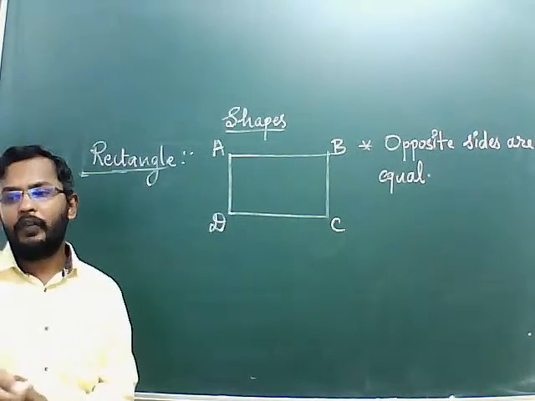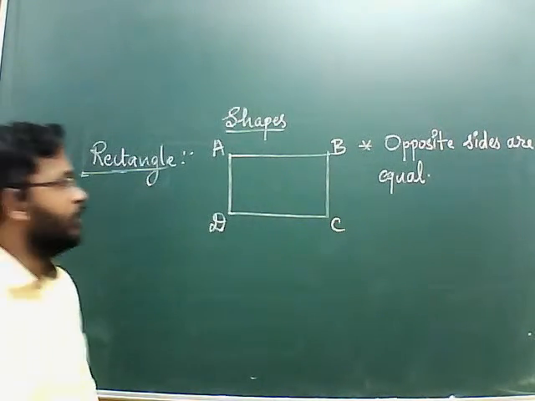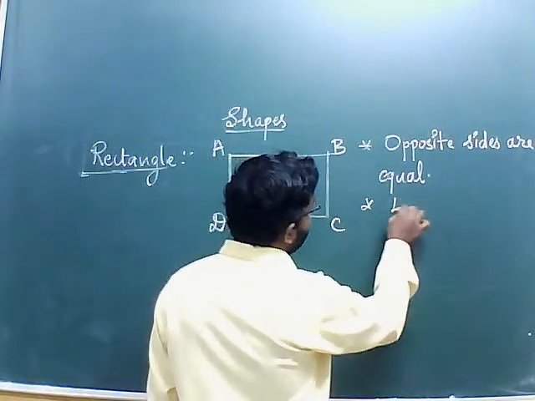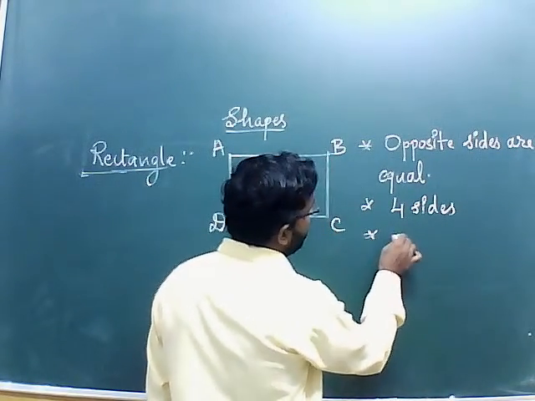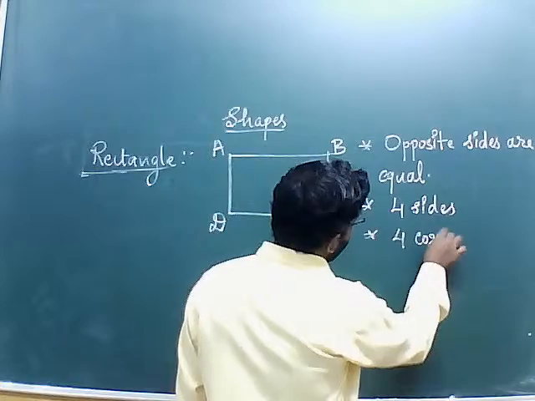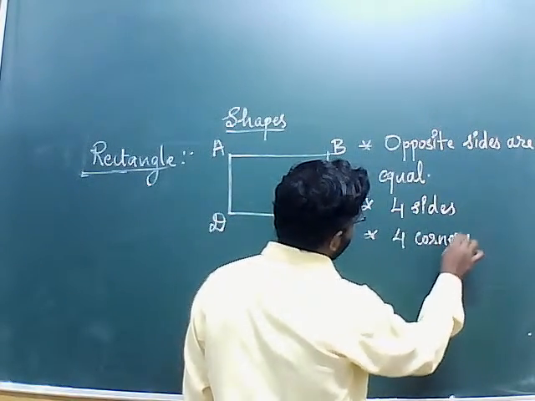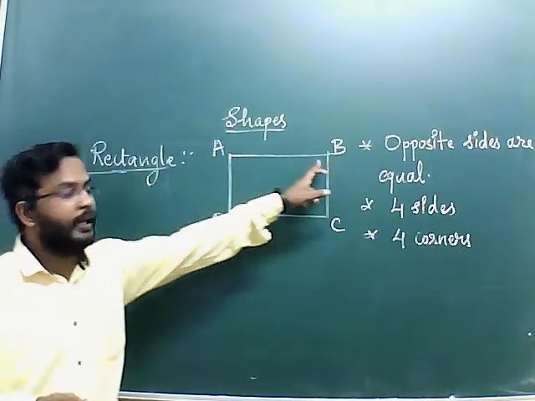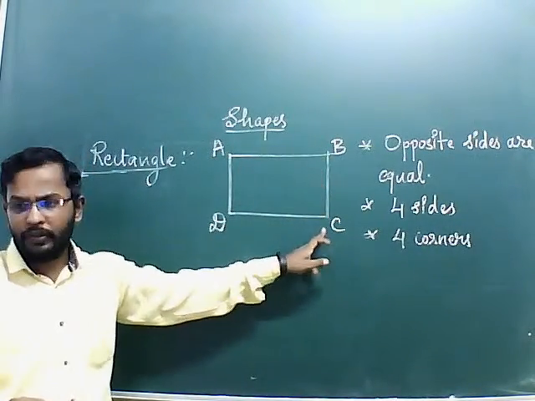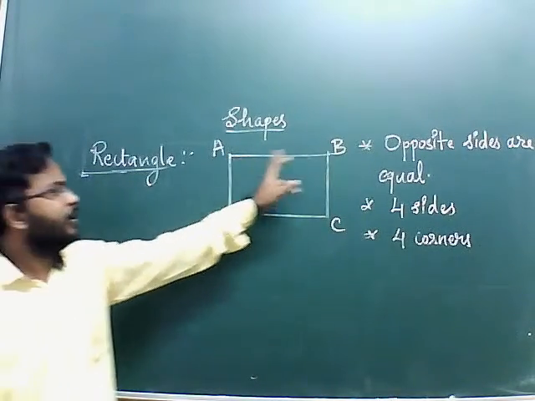After that, we have to check how many sides and how many corners there are. It has 4 sides and 4 corners. You can check here, it has 4 sides: 1, 2, 3, 4. What are the sides here?